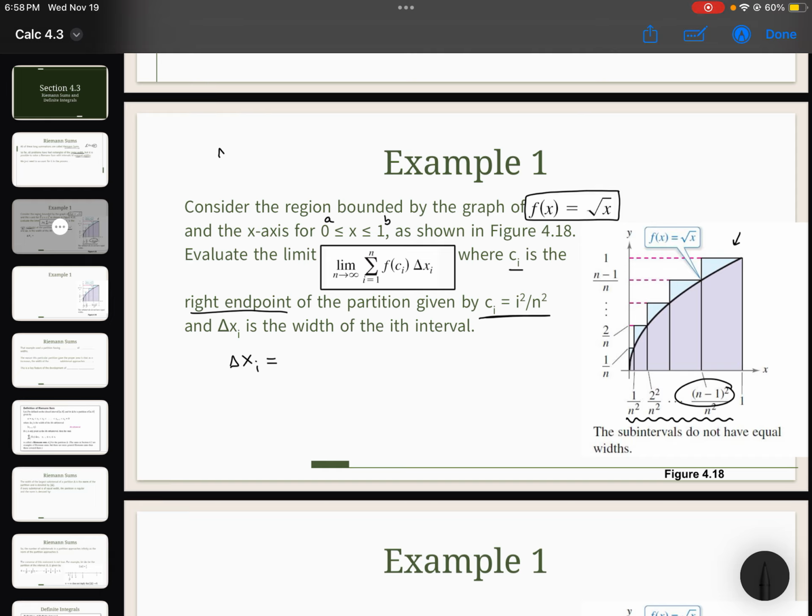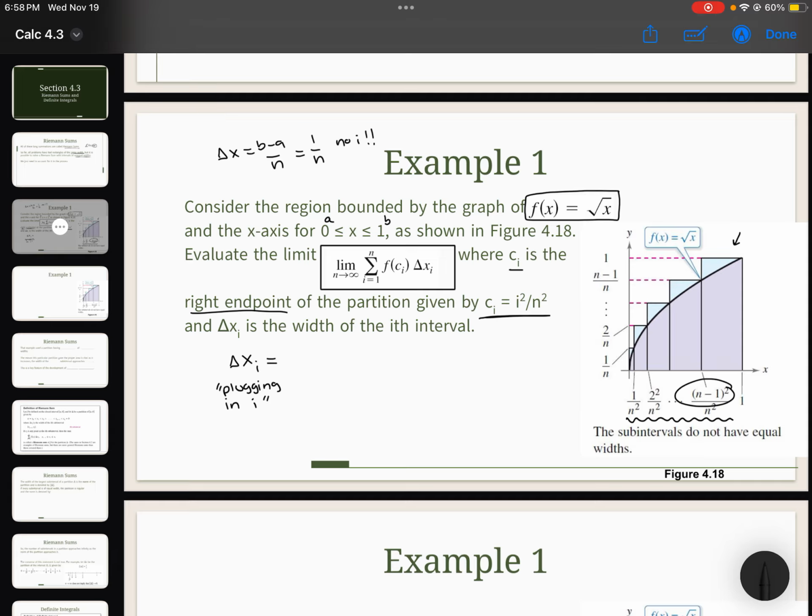Previously, we've just been saying, hey, delta x is b minus a over n, and we would get an expression like a number over n, but no i. I wasn't plugging in any i value. Now, because we have different intervals, different widths, we're going to have to be plugging in i to figure out the specific width for every single rectangle.